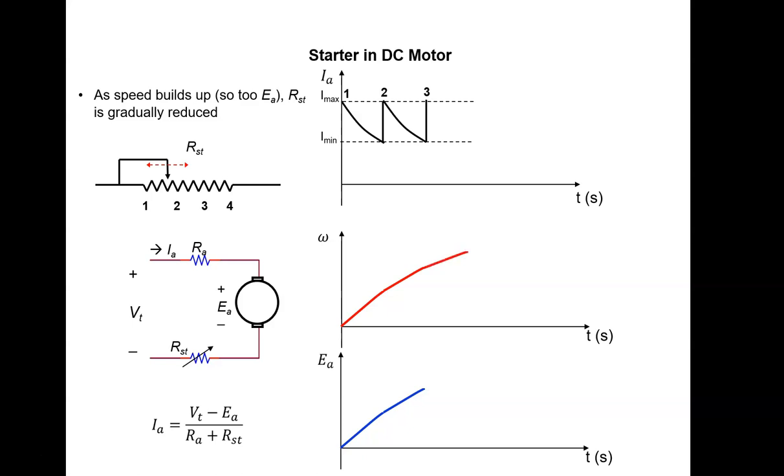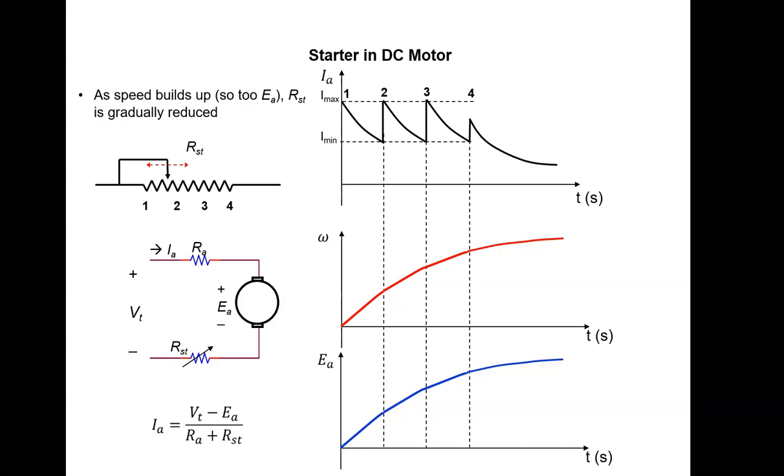The speed and the back EMF will increase, and again, as the back EMF increases, the armature current reduces. When the armature current reduces to Imin, we finally change the position to 4. The speed increases, the back EMF increases to a steady state value, and the armature current will reduce to the steady state value as shown in the graph.